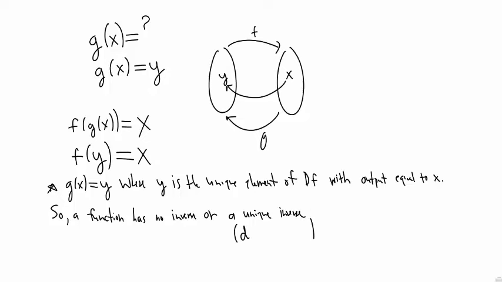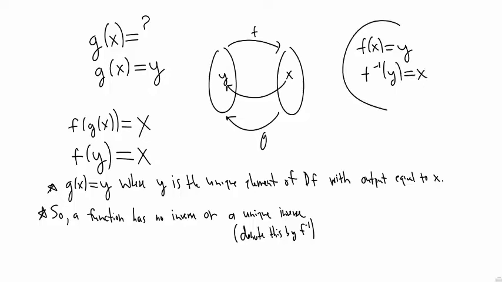When it does have an inverse, we denote it by f to the minus 1, f inverse. And it's given by the rule, if f of x equals y, then f inverse of y is that unique element x whose output is y.